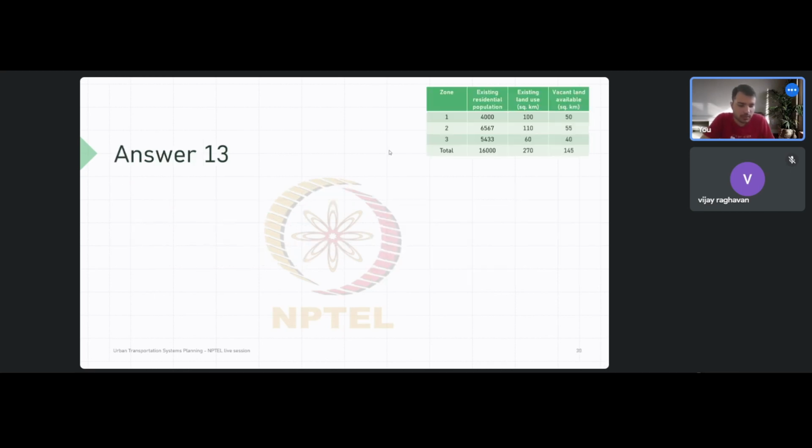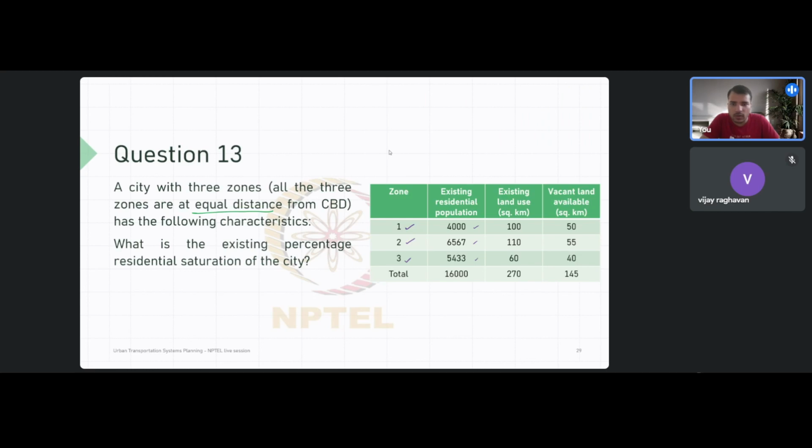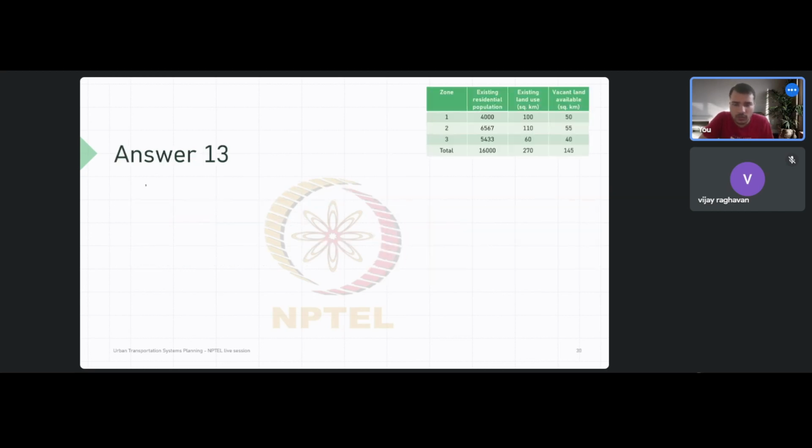So see, we have the data, and we have to find the residential saturation. So let's find the residential density. That is, how many people are living per square kilometer. This will be total population divided by existing land use.